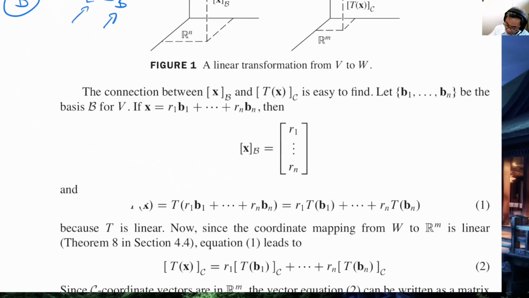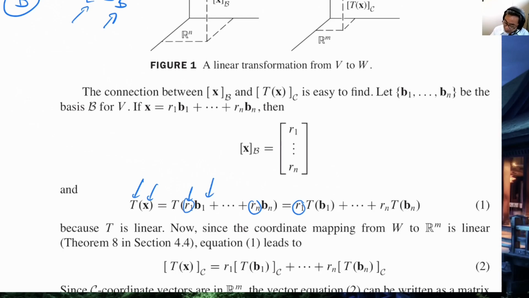Now, when we apply T, the linear transformation, on X, because T is linear, if we represent X in this way, and seeing that R1 to Rn are scalars, then we can actually bring R1 outside.